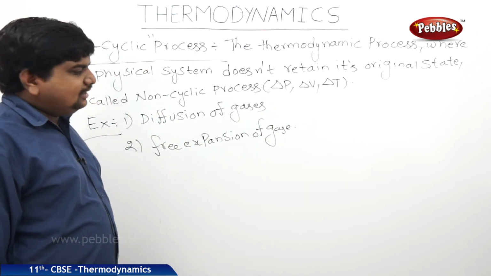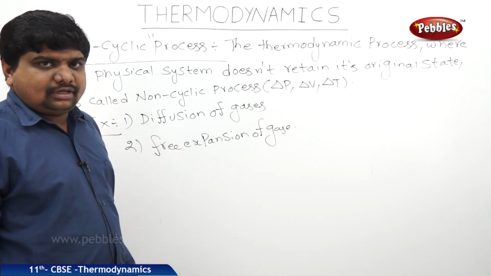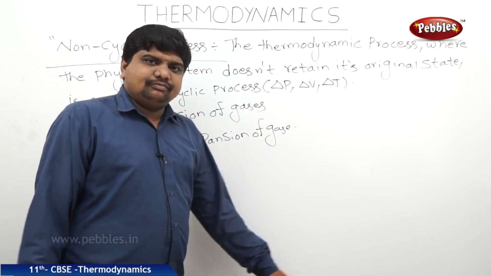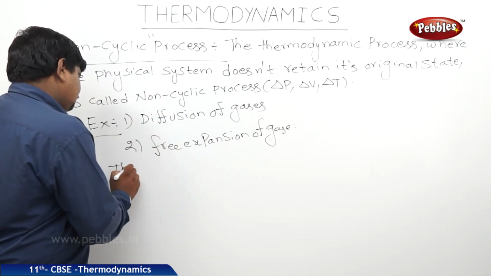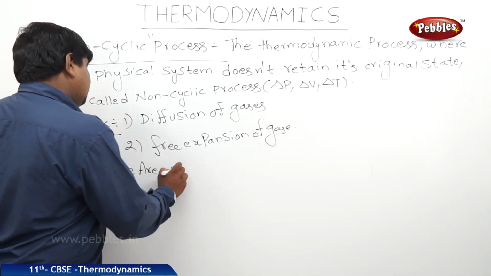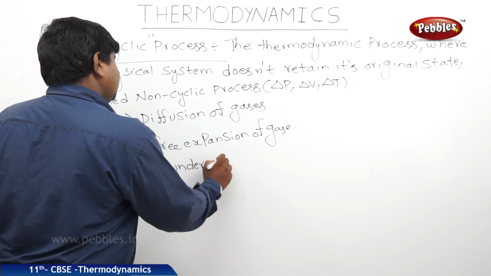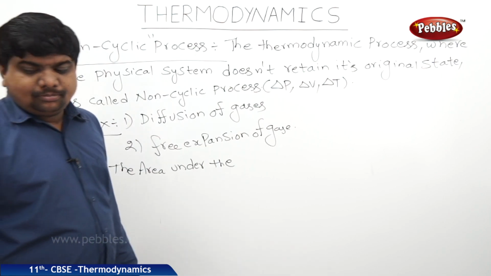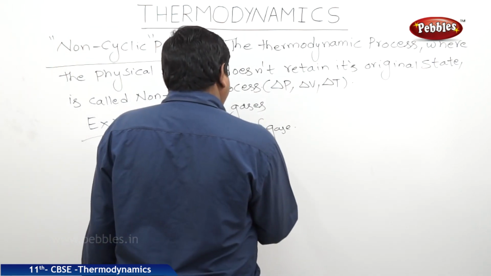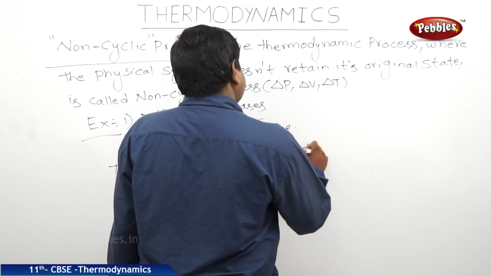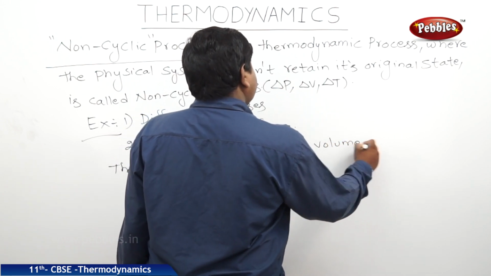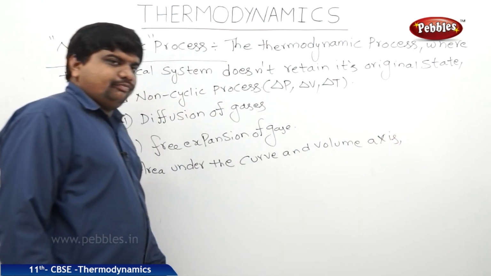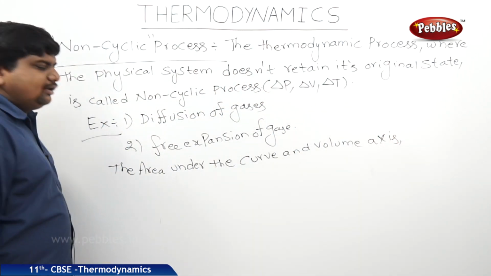The area under the curve and volume axis is called the work done in a non-cyclic process.